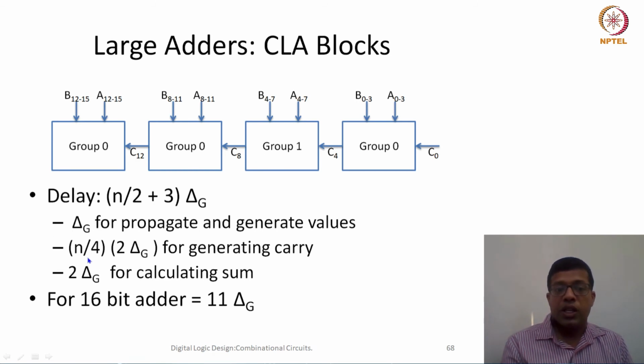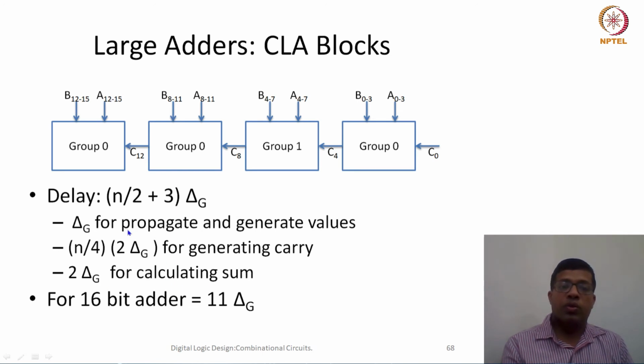So the total number would be n by 4 stages of 2 delta G delay required to generate all the carries. We are assuming C16 also needs to be generated. Once C12 is generated, and then C16 is generated, after that you would further require 2 delta G for calculating the sum.